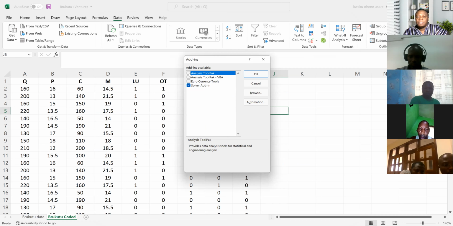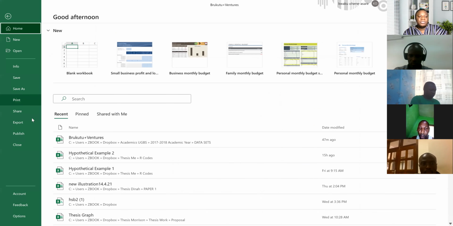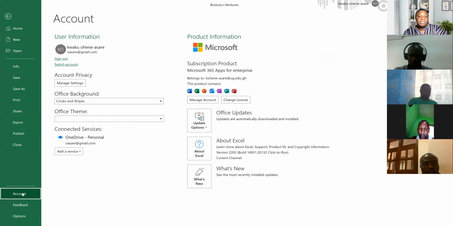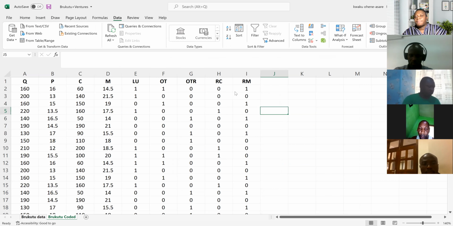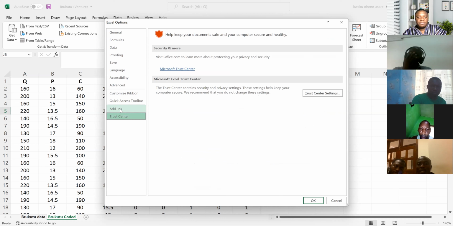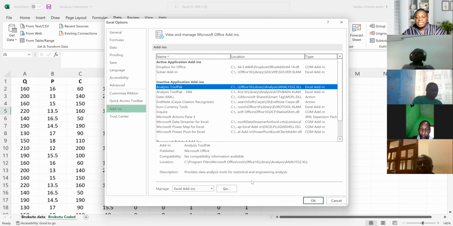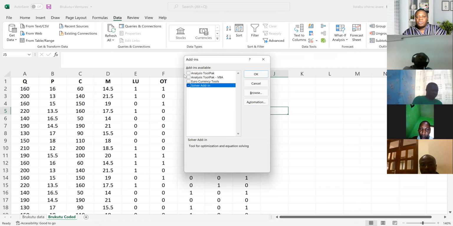Tick that box. Now when you do that, you will be able to see Data Analysis at the Data tab. You will be able to see it so nicely. So do that and then you'll see it.